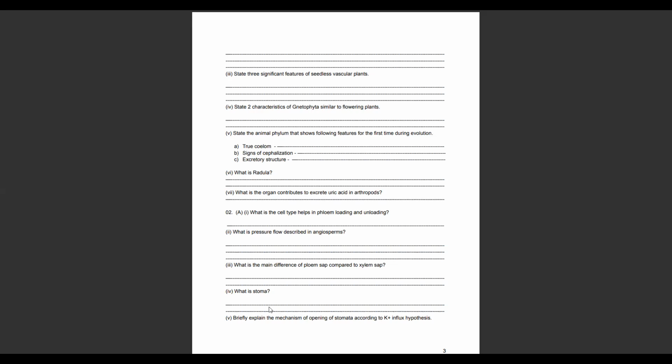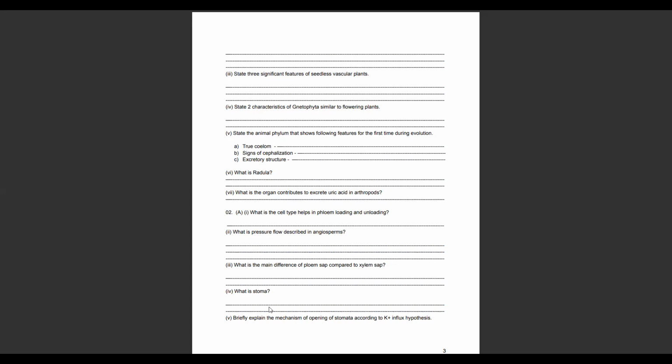Stomata are microscopic pores surrounded by guard cells in the epidermis of the leaves and stems of plants, which can open and close. Now, guard cells are specialized epidermal cells.